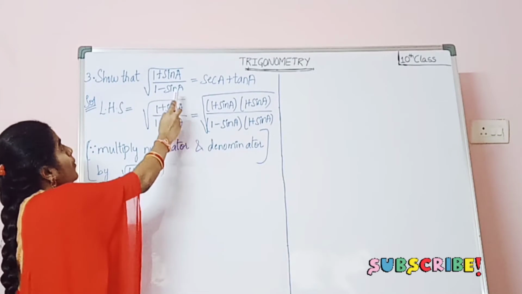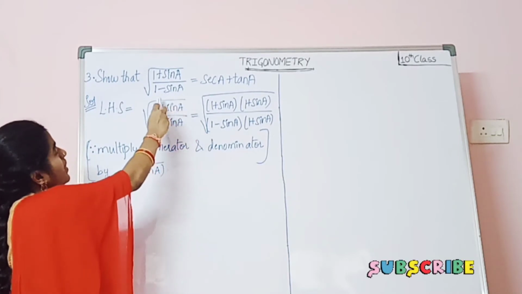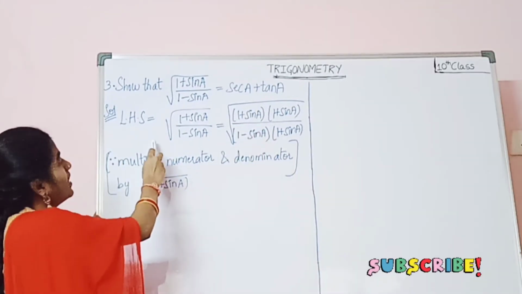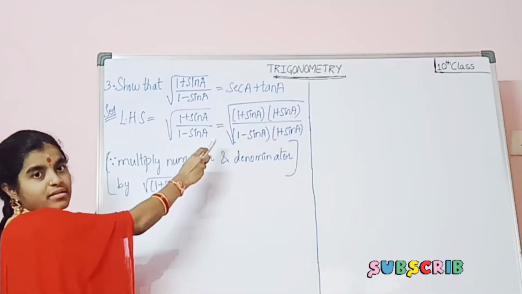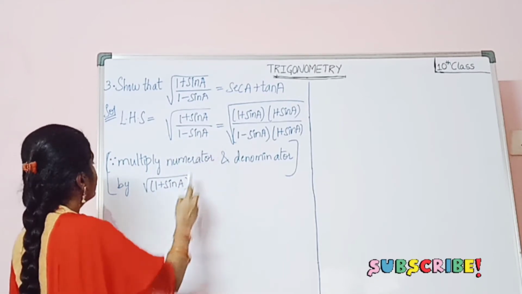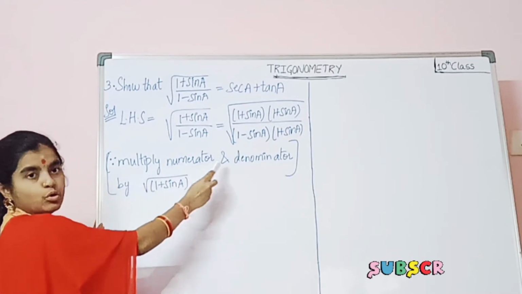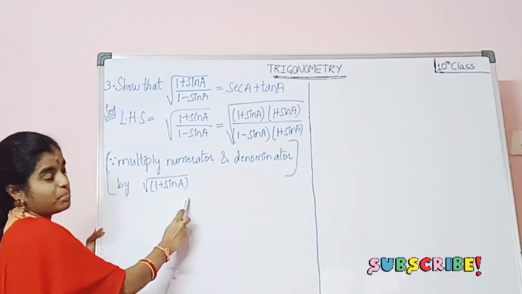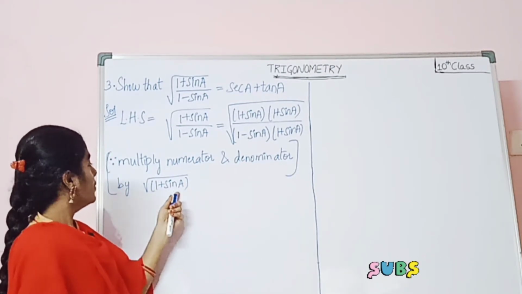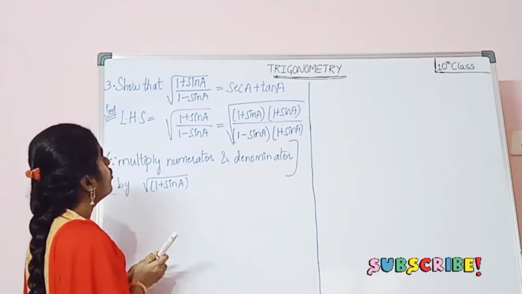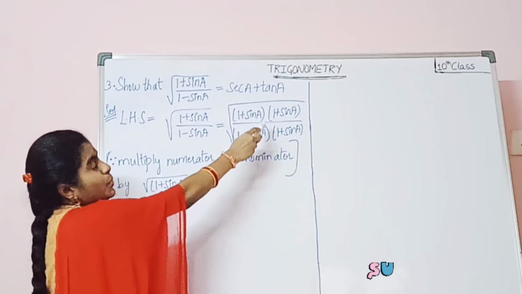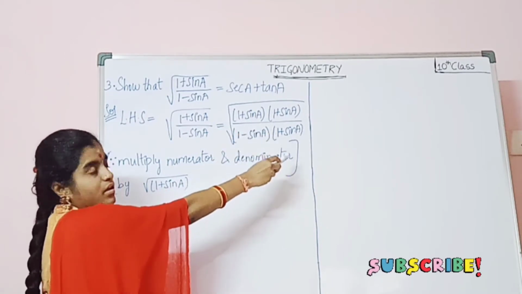Third problem. Show that root of 1 plus sin A by 1 minus sin A equals secant A plus tan A. So here LHS equals root of 1 plus sin A by 1 minus sin A. Here we multiply numerator and denominator by 1 plus sin A under root. So that equals root of 1 plus sin A by 1 minus sin A into 1 plus sin A by 1 plus sin A under root.